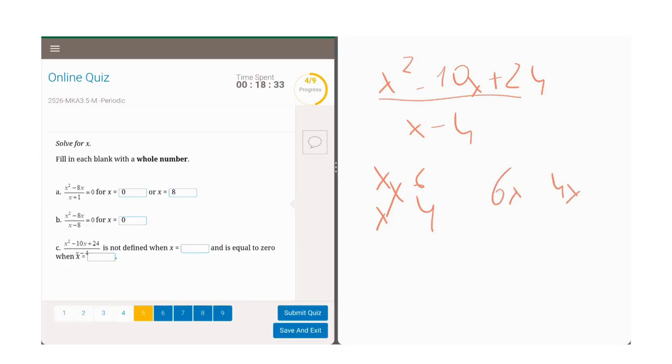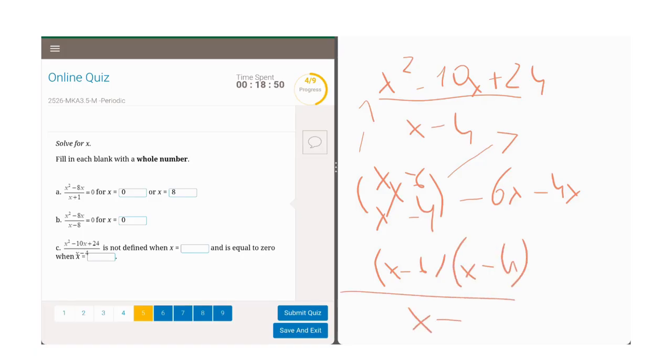We need to get negative 10x, so both minus. X times x equals x squared. Negative 6 times negative 4 is equal to 24, so this is correct. So we can immediately write x minus 6, x minus 4 over x minus 4. So roots would be x minus 6 equals 0, so x would be equal to 6.